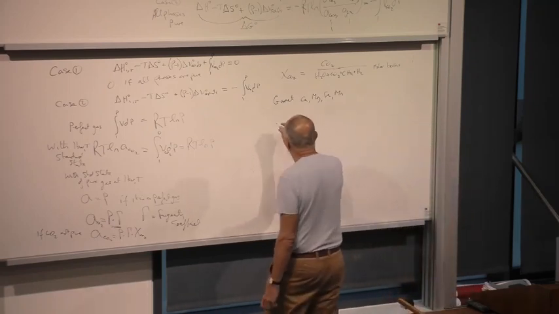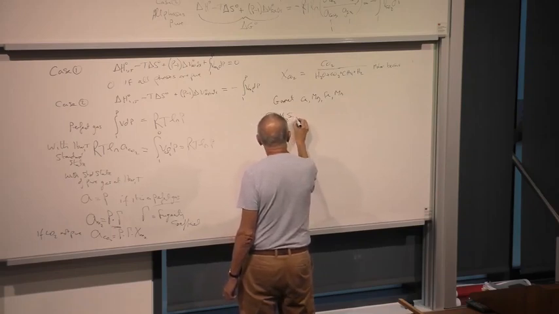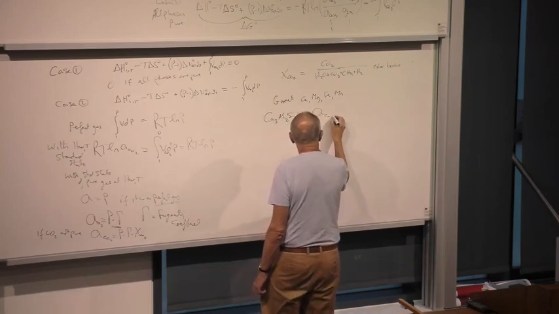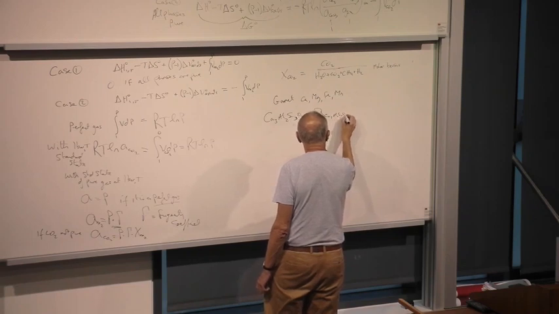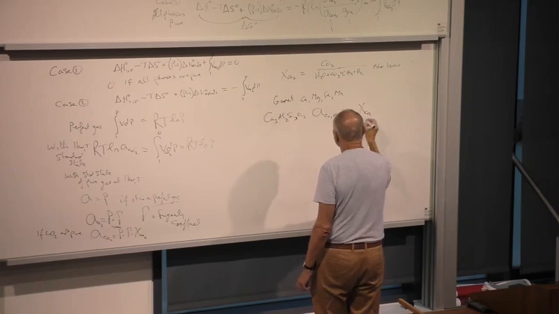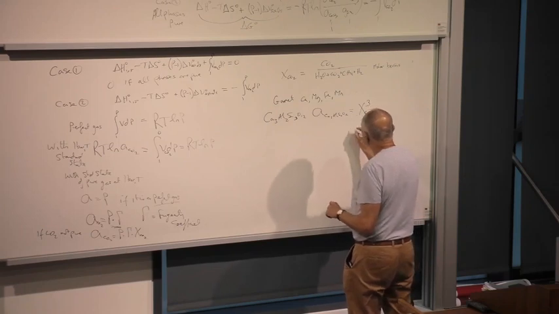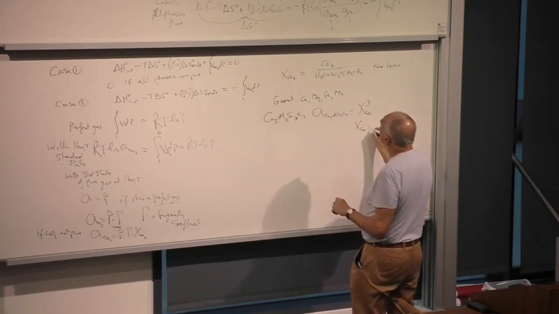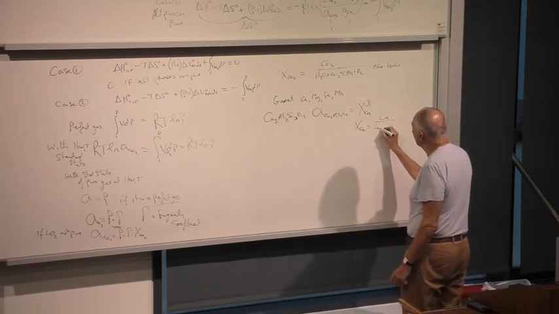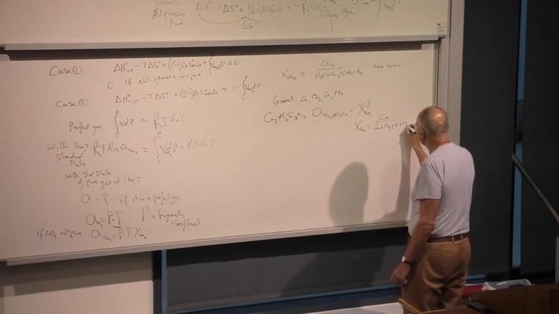So in that case, if we took the component Ca3Al2Si3O12, then its activity should equal X_Ca to the power 3, where X_Ca is equal to Ca over Ca plus Mg plus Fe plus Mn.